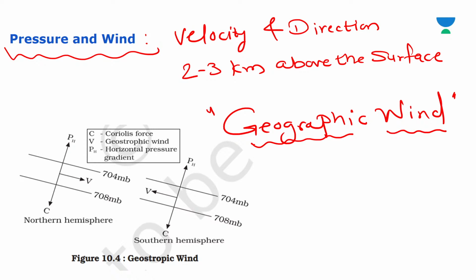Now, when the isobars are straight and when there is no friction, the pressure gradient force is balanced by the Coriolis force and the resultant wind blows parallel to the isobar.